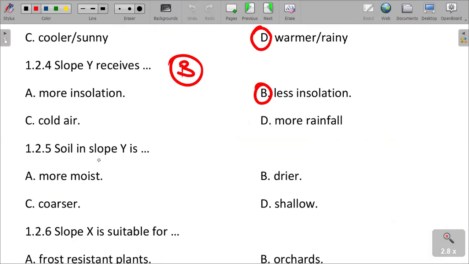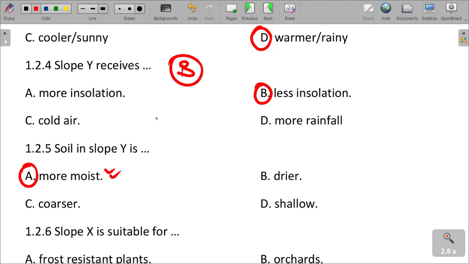We are saying the soils in Y are moist. They receive the rain, they receive the groundwater, and then they have no sunlight. As the water moves, they are moist.